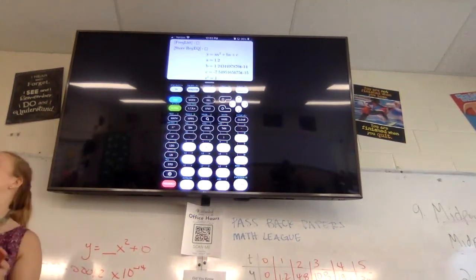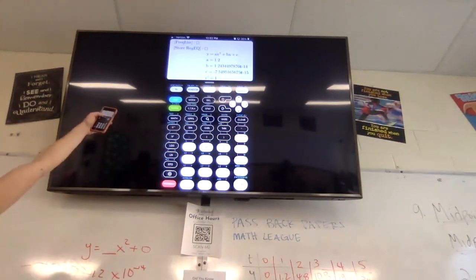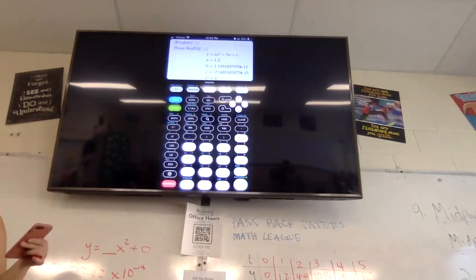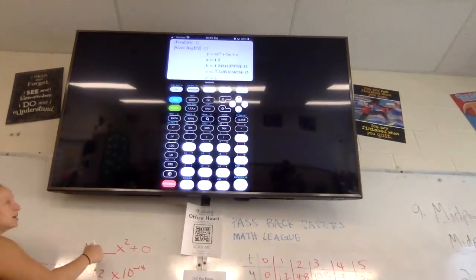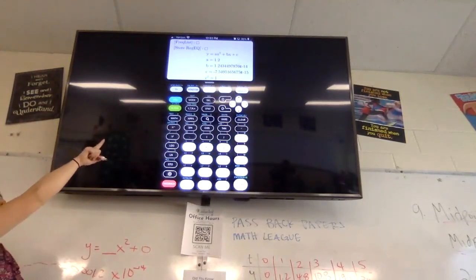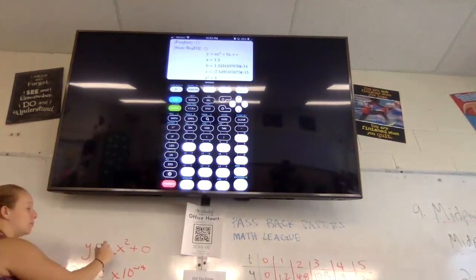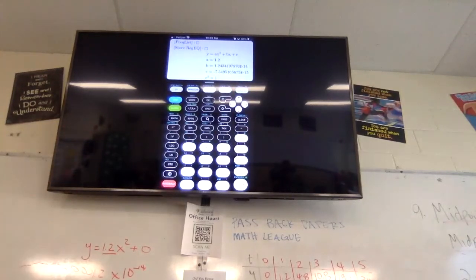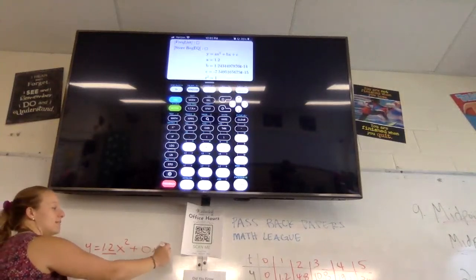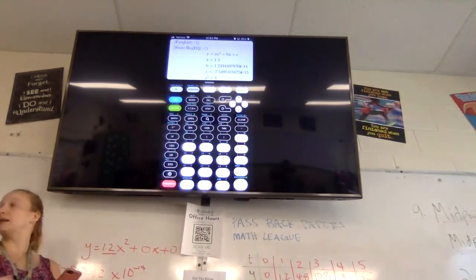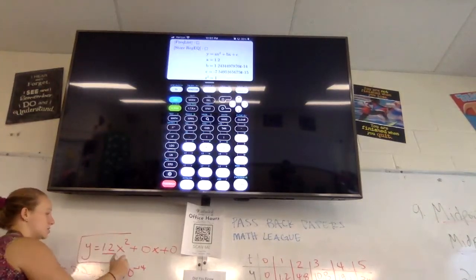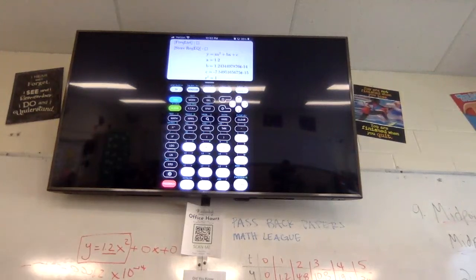So it's technically zero. Anything you see with e to the negative, a big number, that basically means zero. So that means my a is 1.2. So I'm going to have 1.2x squared. I have a 0 in front of b, so I have no x's. I have a 0 at the end. I have no constants. Technically, my equation is just y equals 1.2x squared.